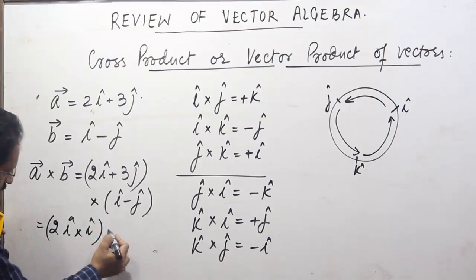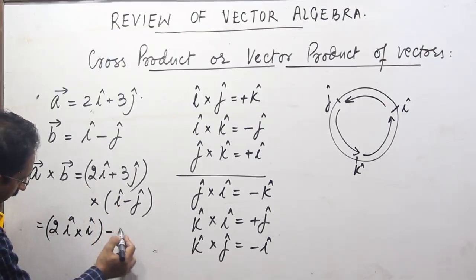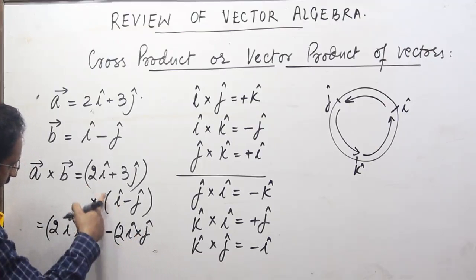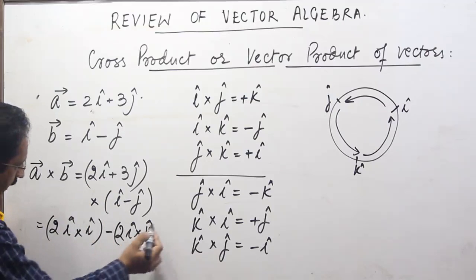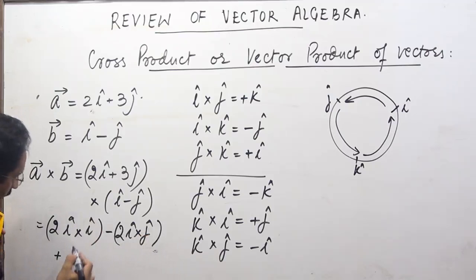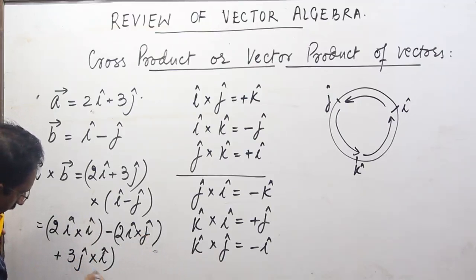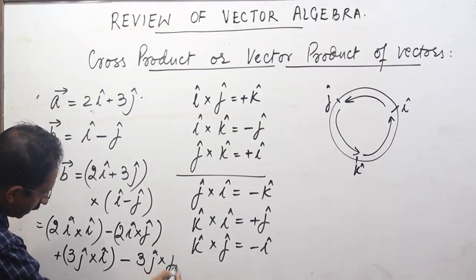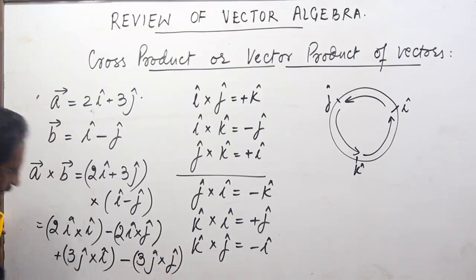Then I have 2I cap, the minus comes here, 2I cap cross J cap with the minus sign. Then I have plus 3J cap cross I cap, and then minus 3J cap cross J cap. So this is how.